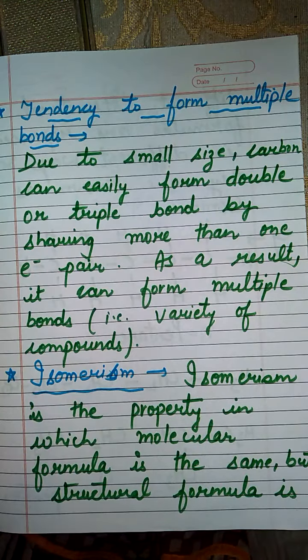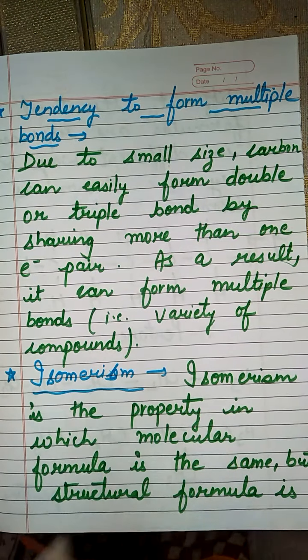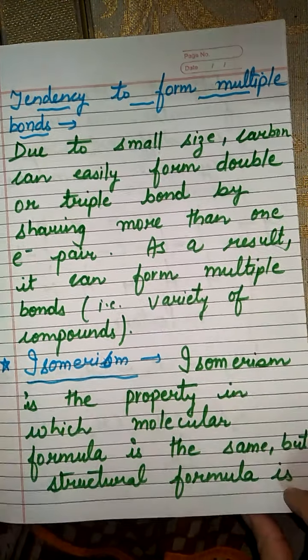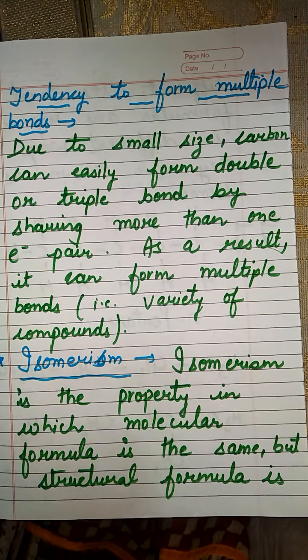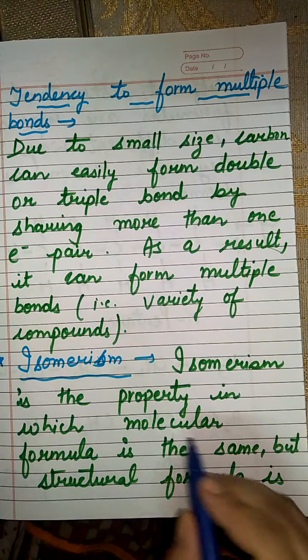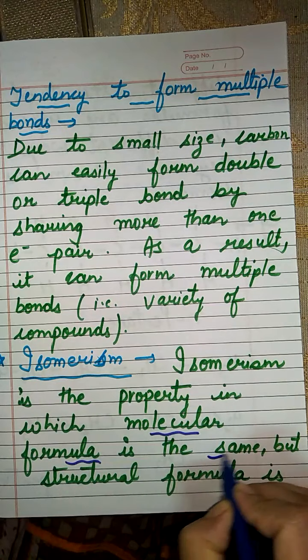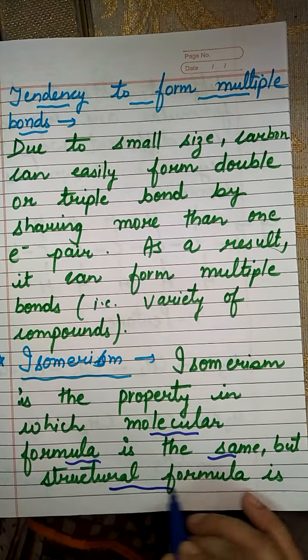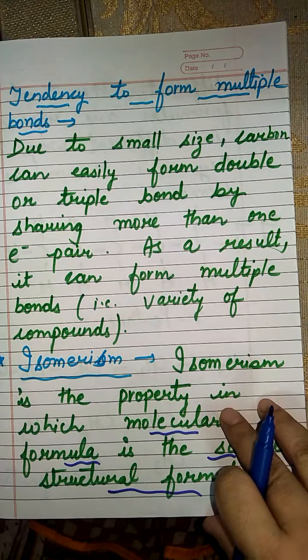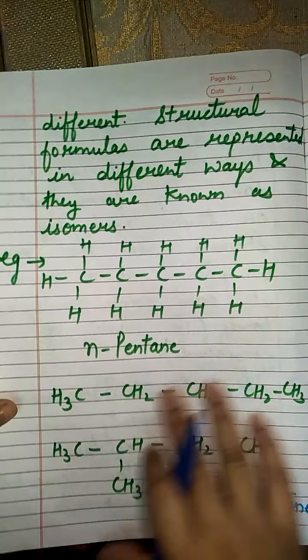Fine. So next property is isomerism. This is again a good property to understand. See, isomerism is that property in which the molecular formula is the same, but the structural formula, how to write it, will be different.